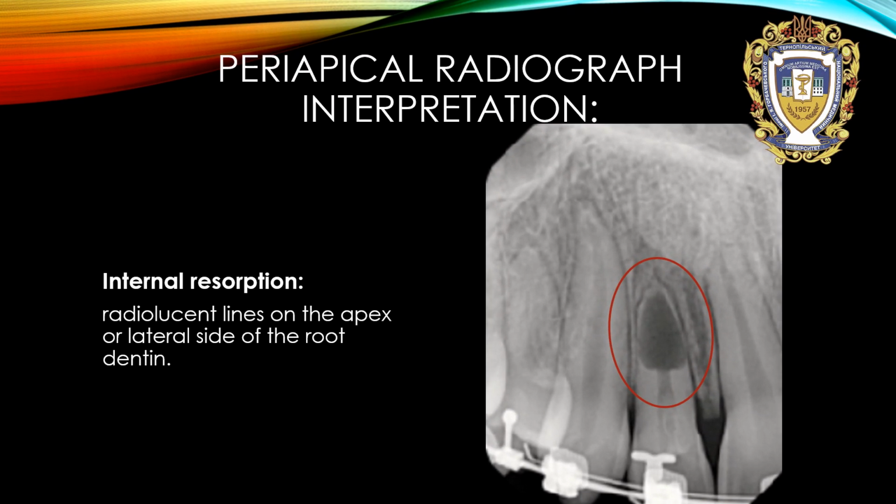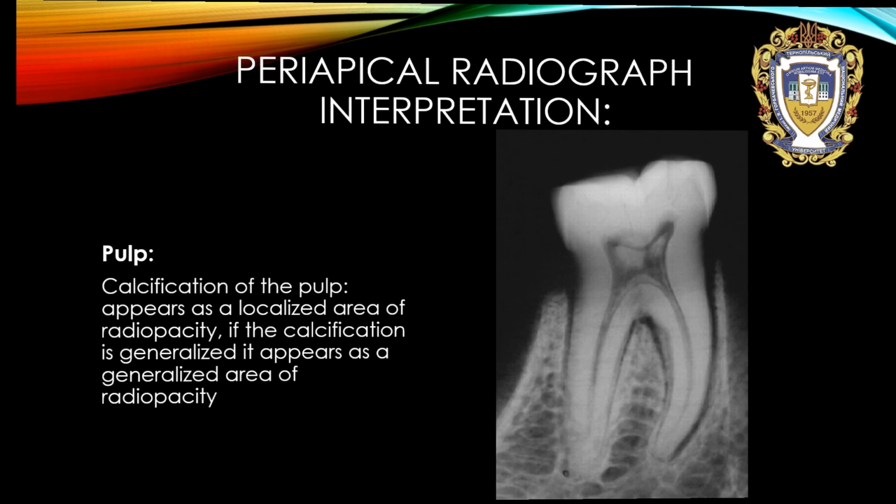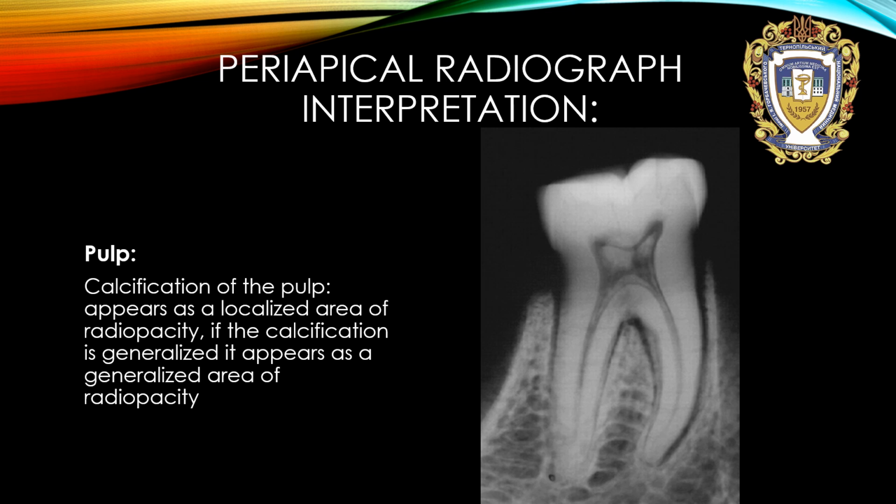Internal resorption: radiolucent lines on the apex or lateral side of the root dentine. Pulp. Let's go deeper. At first we described enamel, then dentine, and now pulp. Calcification of the pulp appears as a localized area of radiopacity.